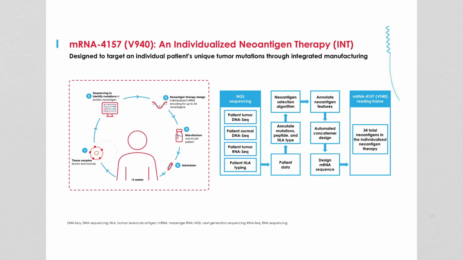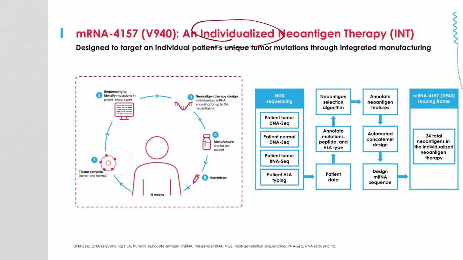Okay, so this is showing their process. Remember, this is individualized, so they have to go through this process separately for each individual patient. We're taking a tissue sample, tumor versus normal, to make a comparison. They would take melanocytes from normal, healthy skin, and then melanoma cells from the tumor, and sequence them to identify mutations that have the potential to give neoantigens.